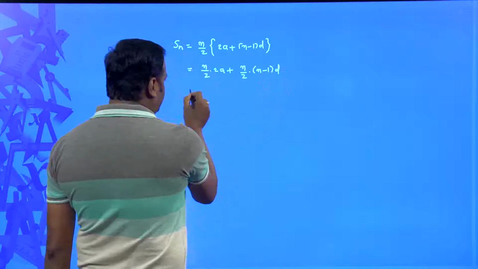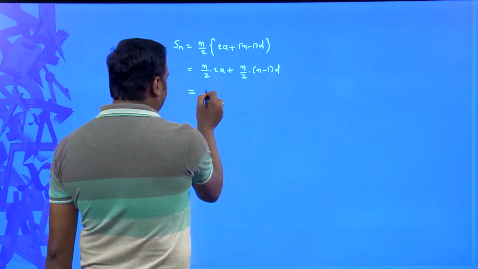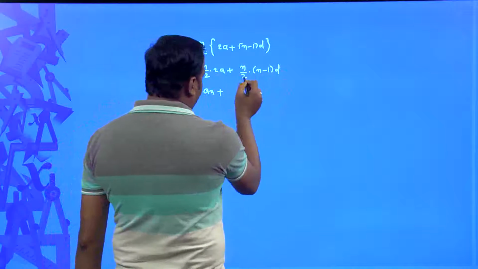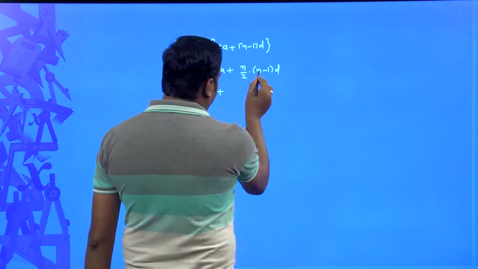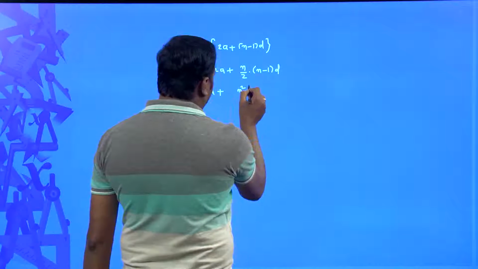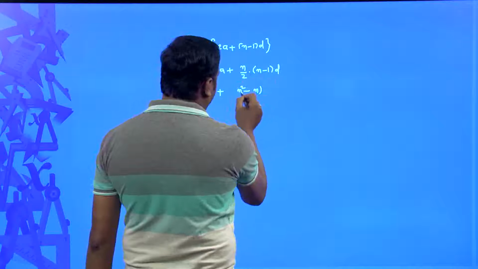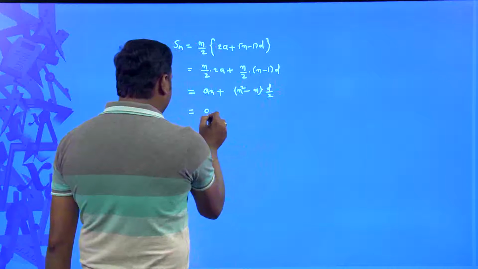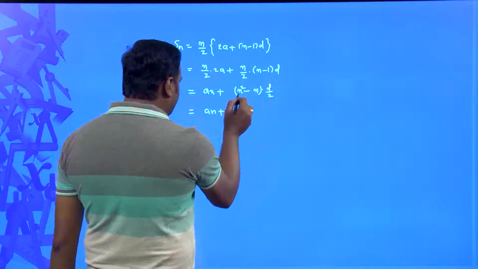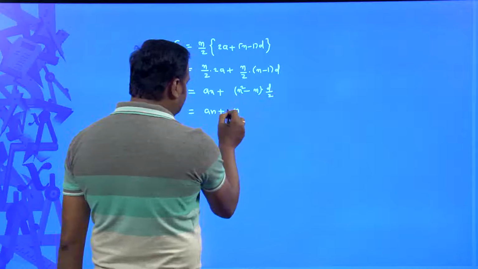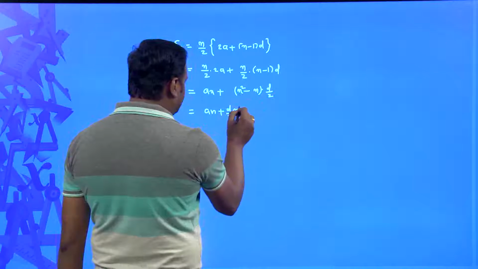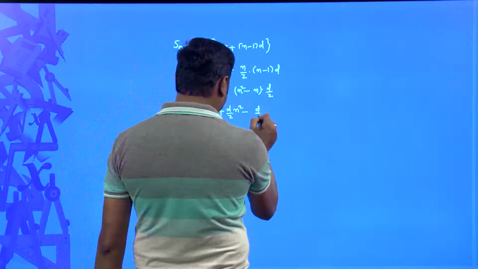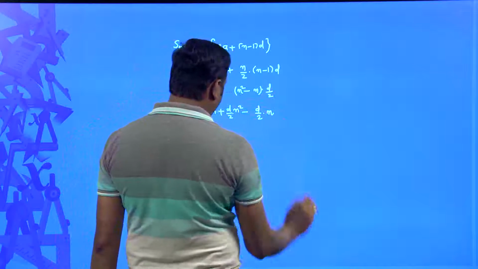So, n by 2 into 2a, the 2 cancels, that is going to be an, plus n by 2 into (n minus 1) into d; n into n is n square, minus n into 1 is n, into d by 2. So, we can write this as an plus d by 2 n square minus d by 2 n.